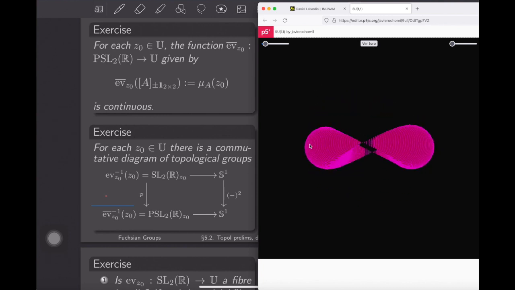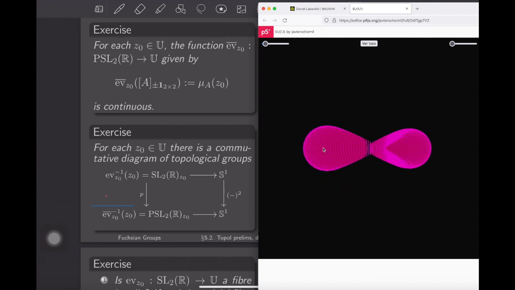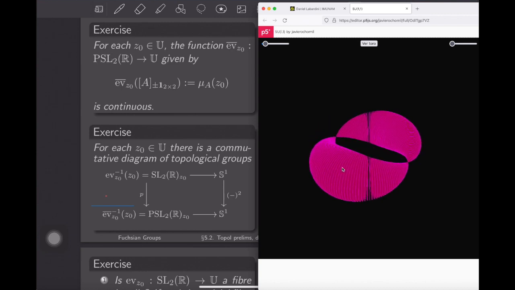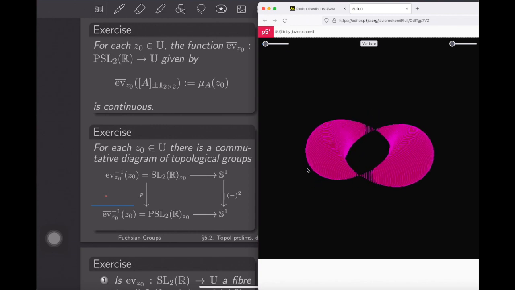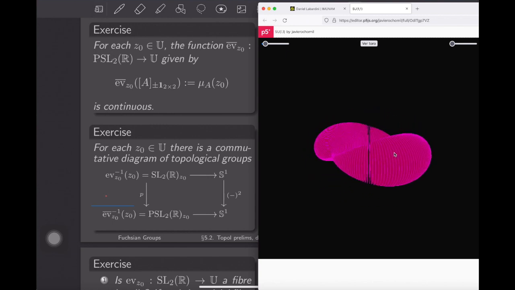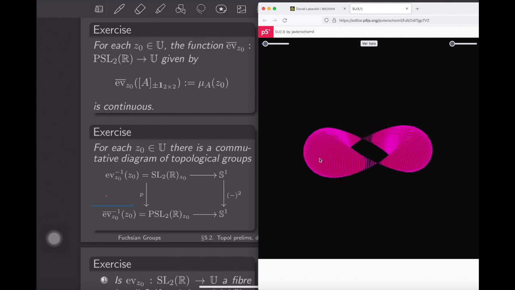And then we saw that the skin of this solid object is all those matrices whose Mobius transformation is parabolic, and that the interior of the solid consists precisely of those matrices whose Mobius transformation is elliptic.